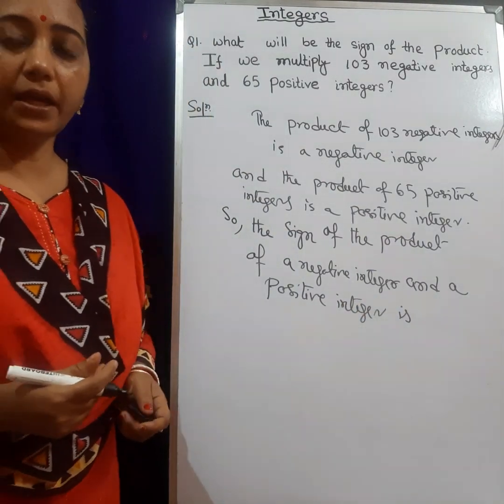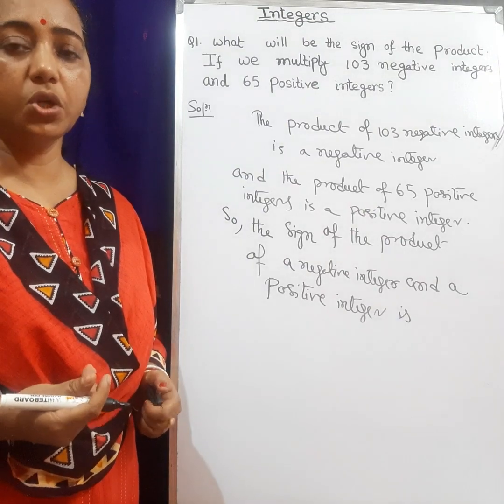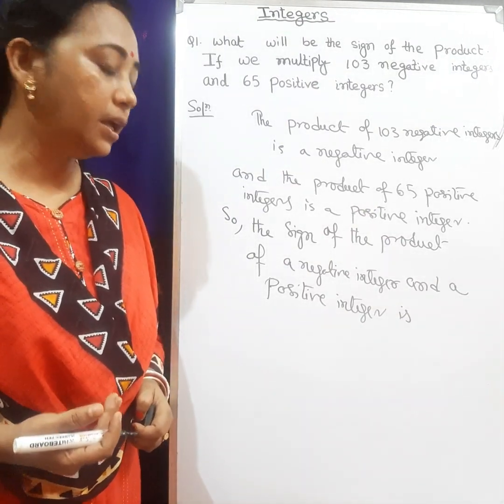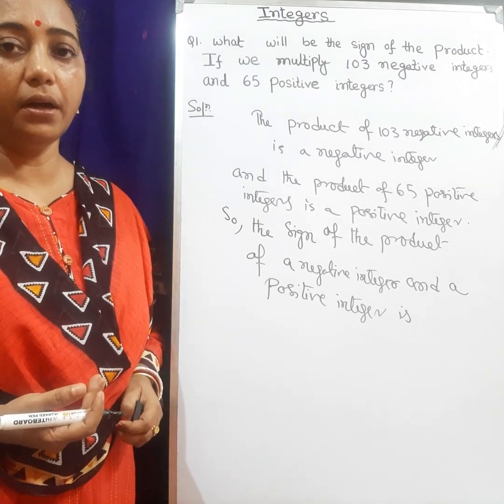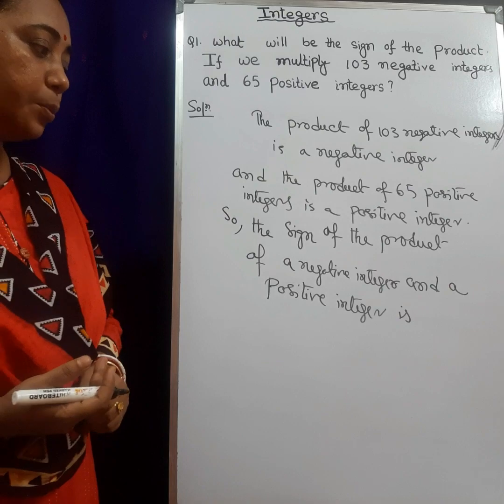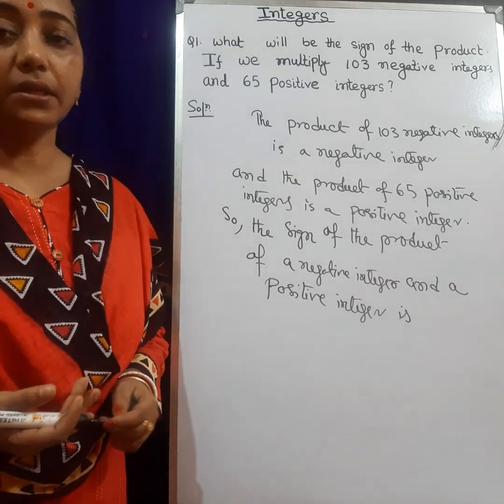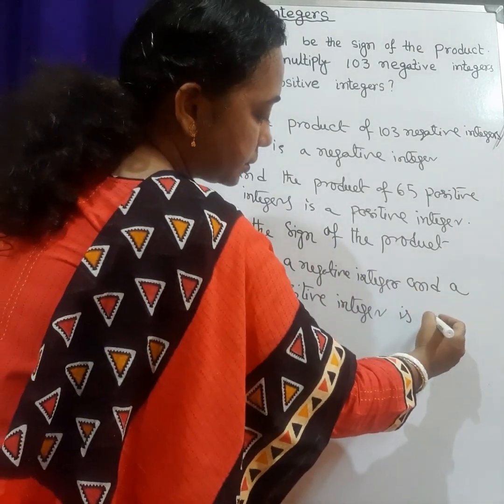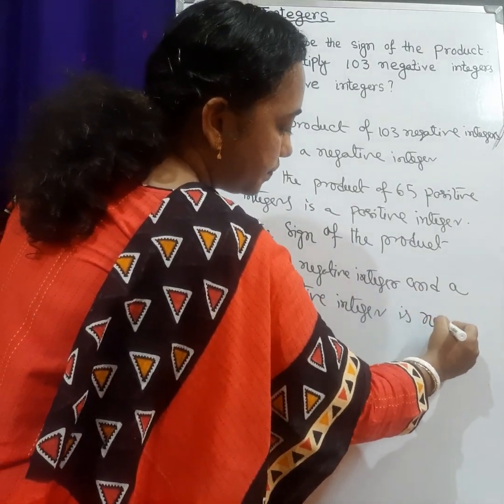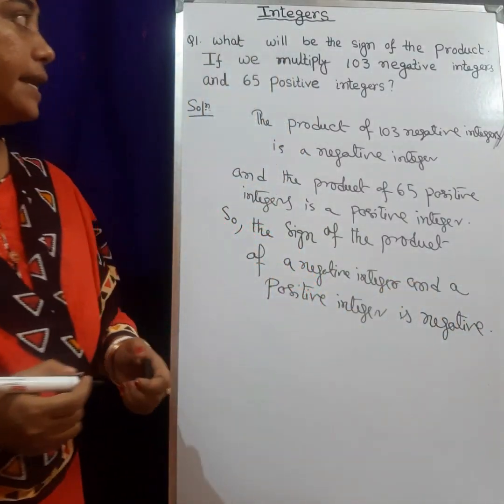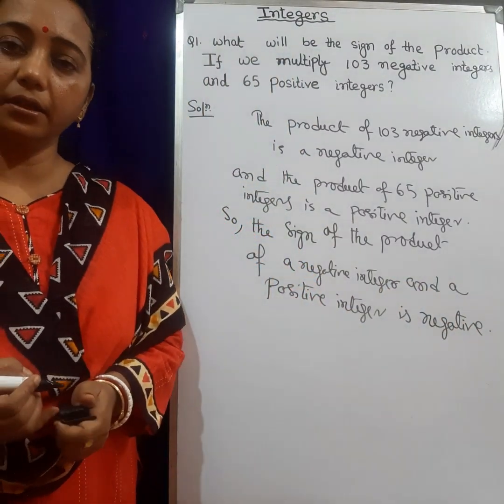When we multiply a positive integer and a negative integer, or a negative integer and a positive integer, when both are opposite in sign, their product will always be negative in sign. So the sign of the product of a negative integer and a positive integer is negative. So in this question, we will write the answer that the sign of the product is negative.